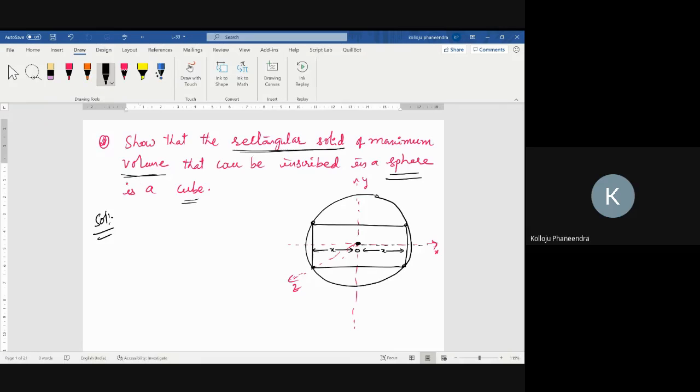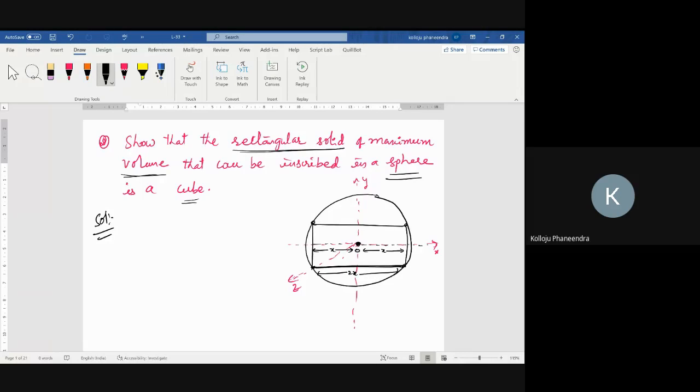But when this rectangular box is inscribed in the sphere, from the origin the distance is x, and from here also x. So the total length of the rectangular box becomes 2x. That is the logic.